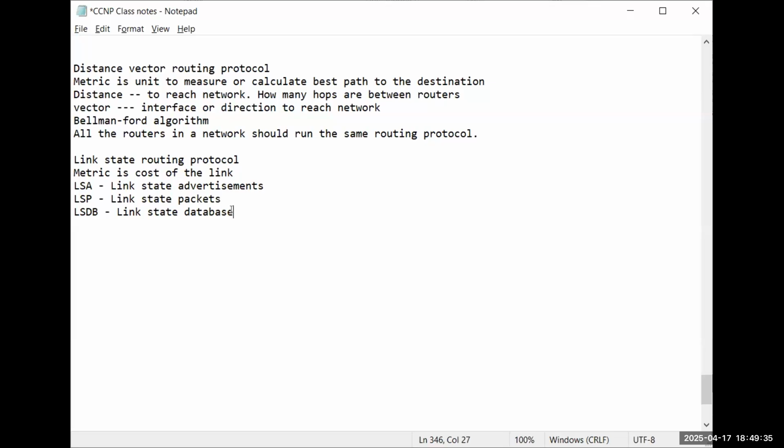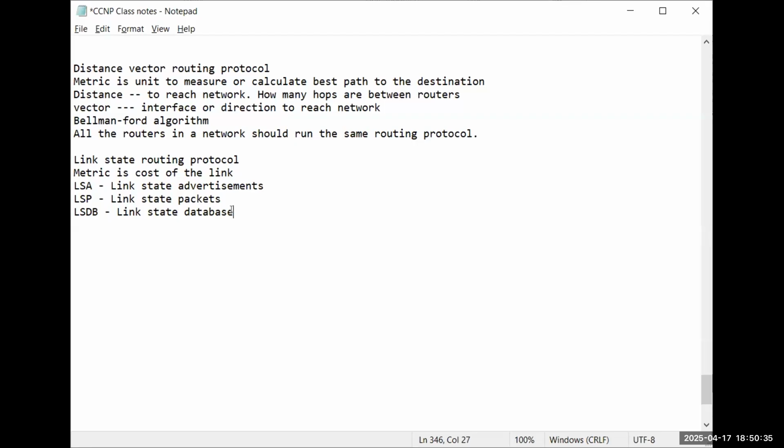Whichever router is advertising sends it to all the routers in the network, allowing all of them to get a synchronized and identical map of the network. The link state database contains the local information about link state packets and network information, flooded throughout the routers where OSPF is running. By flooding this information, it forms an identical map of the network.